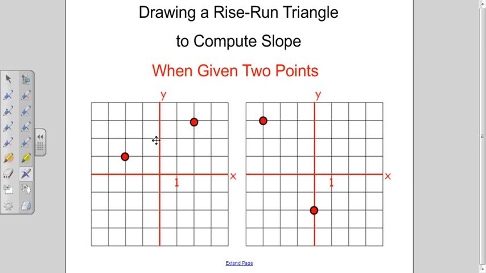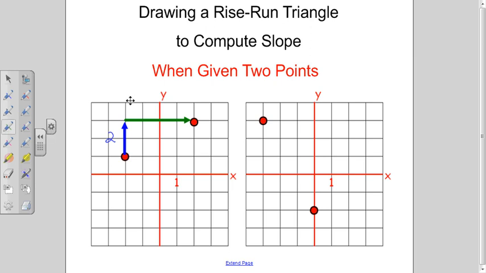Okay, so I will start at this point, and very simply, I am going to draw a rise, which here you see extends 2 grids up. I label it with a 2, and then I'm going to draw a run, which is going to be 2, 3, 4 grids.